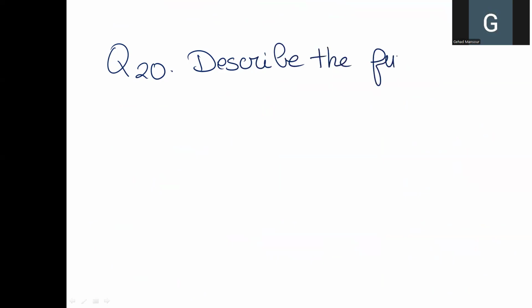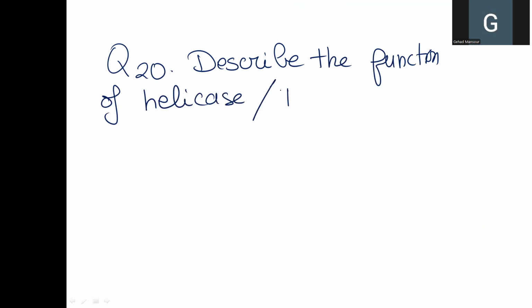So question number 20, describe the function of... I would discuss the function of the helicase enzyme together with the function of the topoisomerase enzyme, and I'll tell you why.